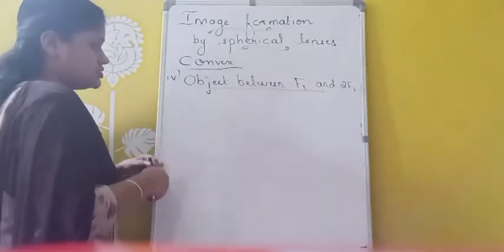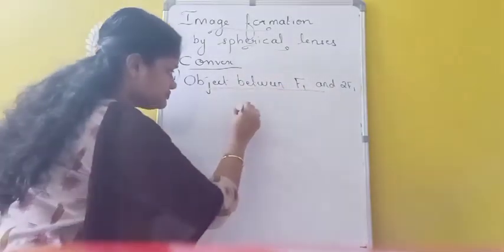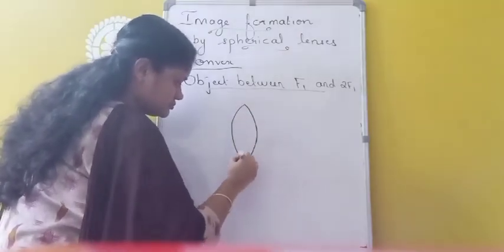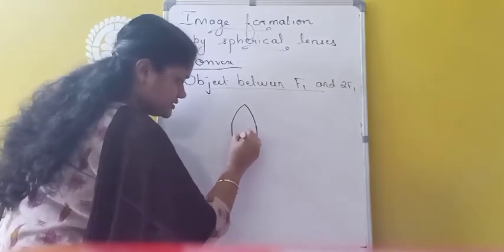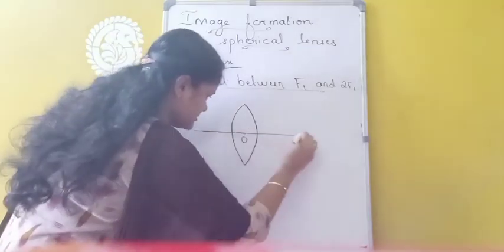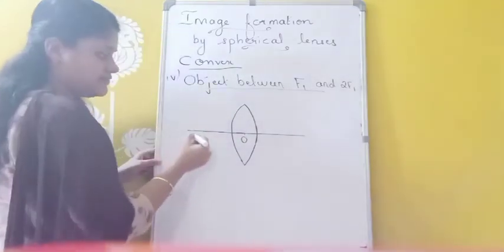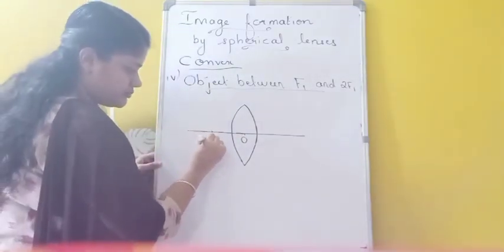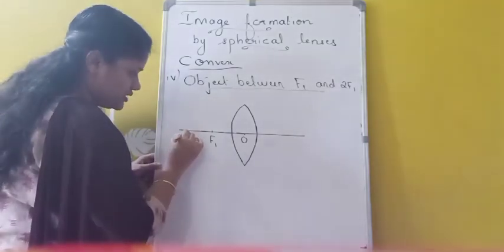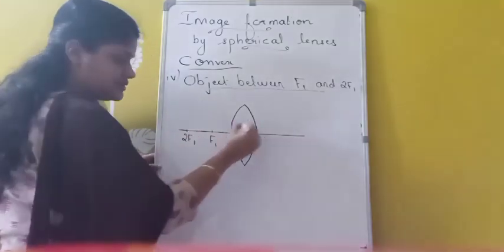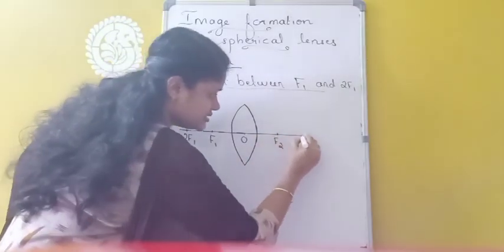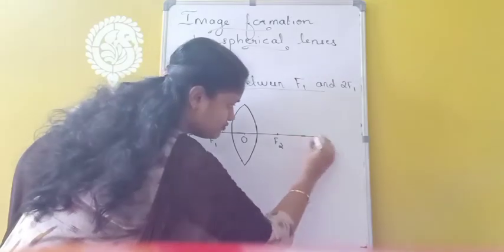So draw a convex lens, optic center, and the principal axis. We can mark F1, twice the distance 2F1, similarly this side F2, and twice the distance 2F2.